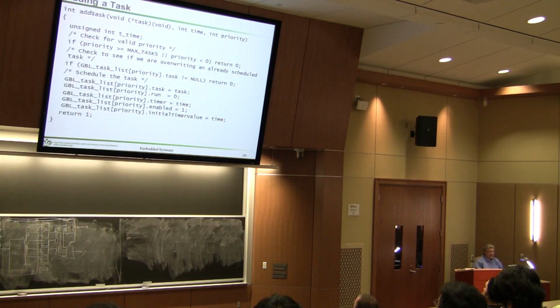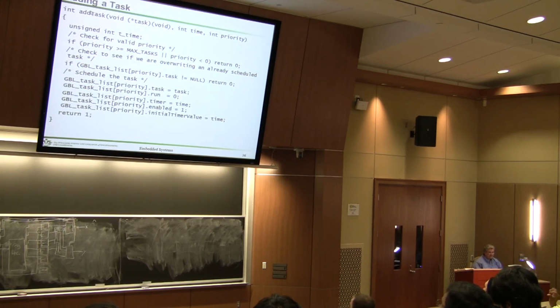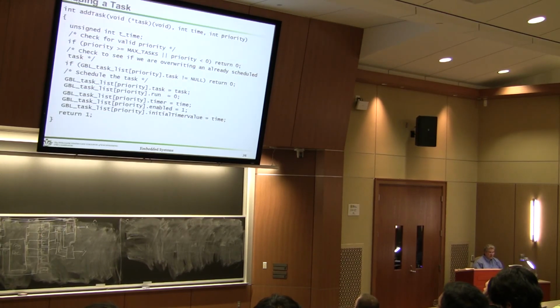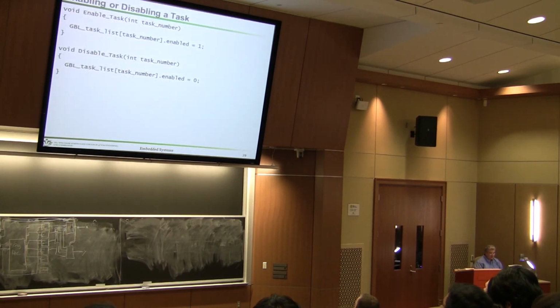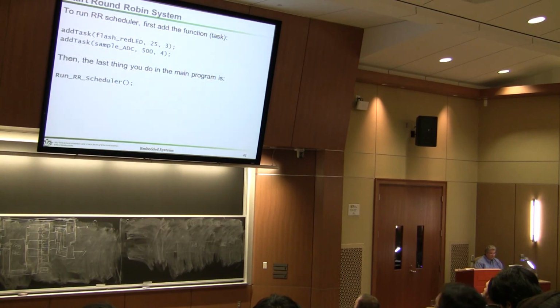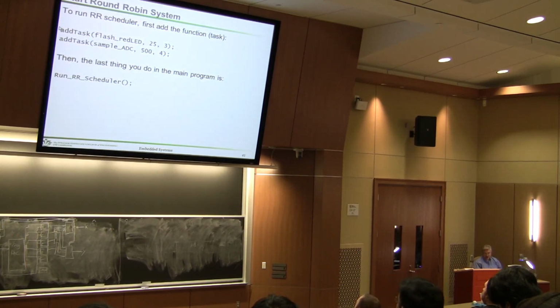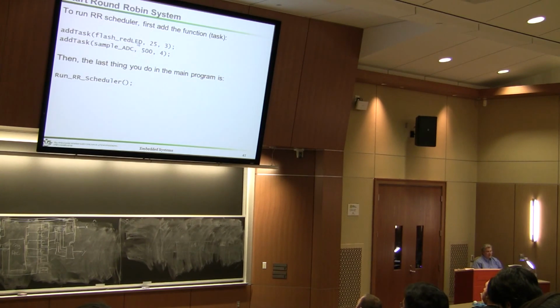All right, so let's say we want to run a task. We have this function here called adding a task. And actually, running something, if we want to, for example, identify something to run, our function is called flash red LED.